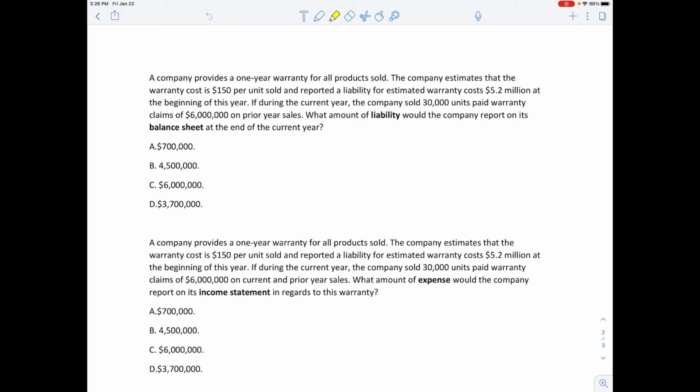So in this first problem, they talk about the warranty and give you a bunch of information. What I try to do is go down to the bottom of that question first. What do they want? They want to know what amount of liability would the company report on its balance sheet at the end of the current year. So now that I know what they're looking for, I'm going to go back into that question and pull out that information that I know I need.